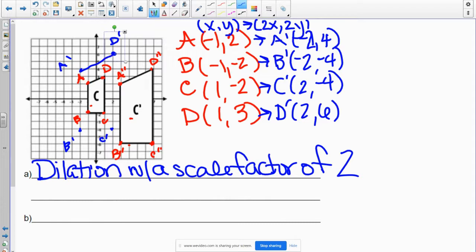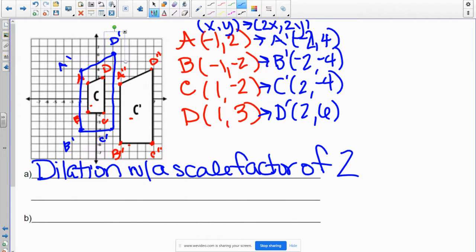I'm just going to connect those so I can visually see that. So the good news is it's the exact same size as my image. So I've doubled the pre-image here. So if I look at that, I go through my thought process. It's not flipped around because it's facing the same direction. So the orientation of the figure is the same. It wasn't rotated. It's not turned in a different way.